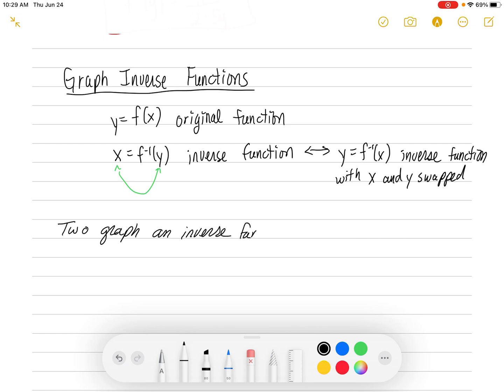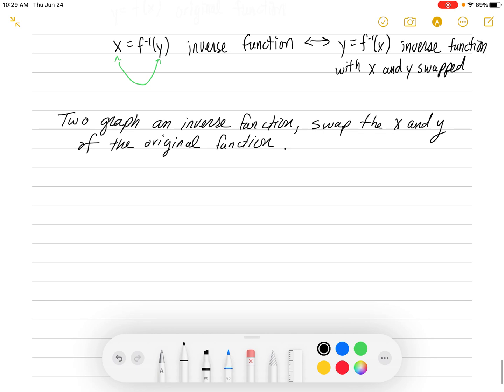So to graph an inverse function, you swap the x and y of the original function.